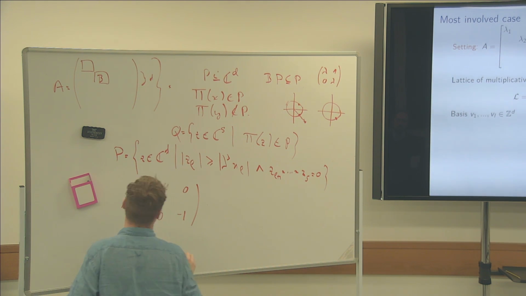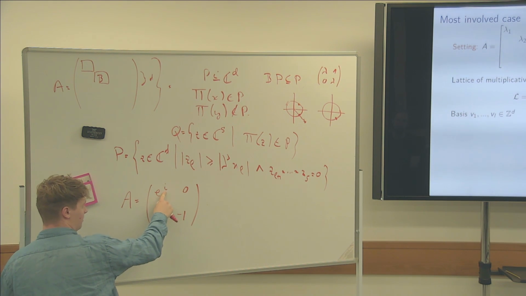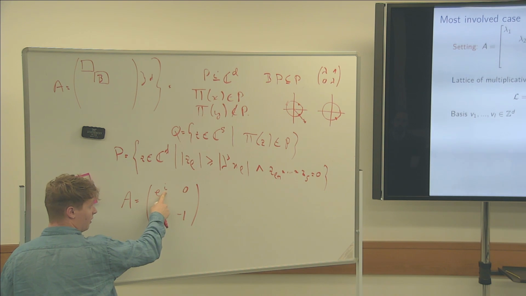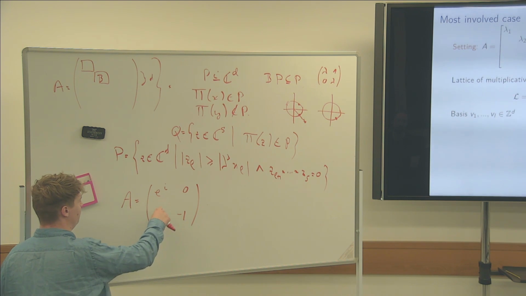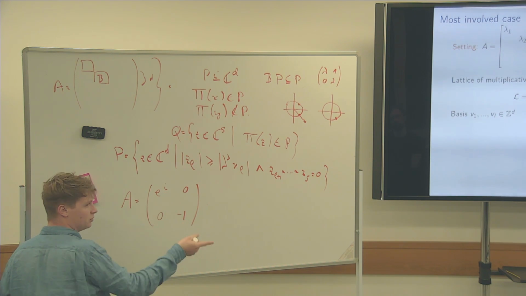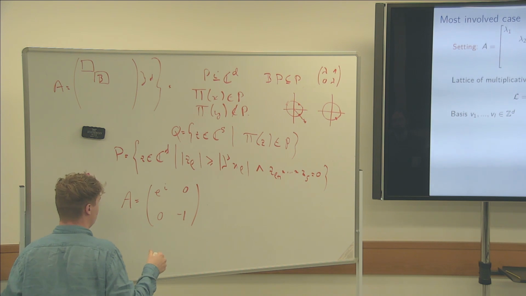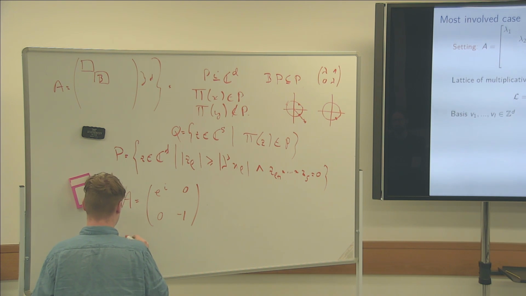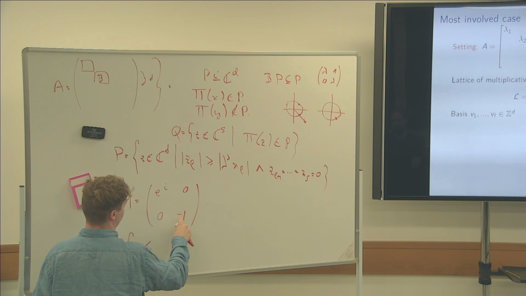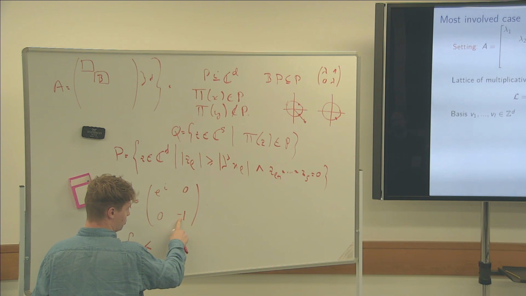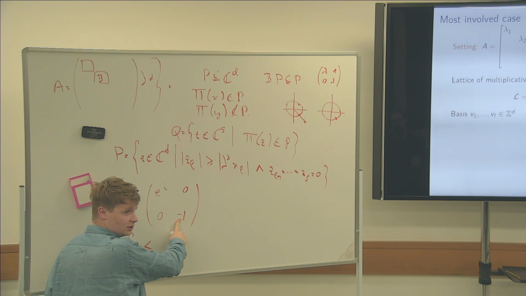This is a rotation of angle, say, 1/2 pi or something. So this is going to be a dense circle, and then the lattice. Here the only multiplicative relation we have is that the square of the second eigenvalue is 1, okay?